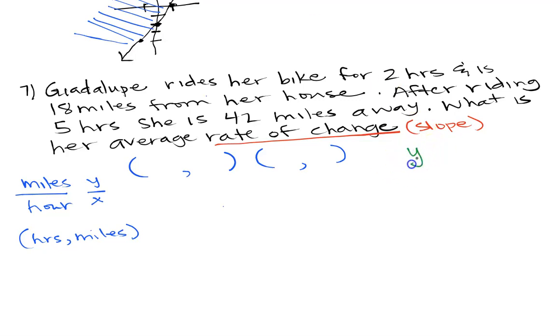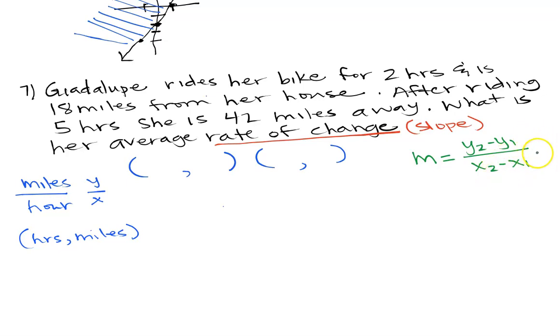So our slope formula is m equals y2 minus y1 over x2 minus x1. So notice our y's are on the top and our x's are on the bottom, and that is the way it has to be.